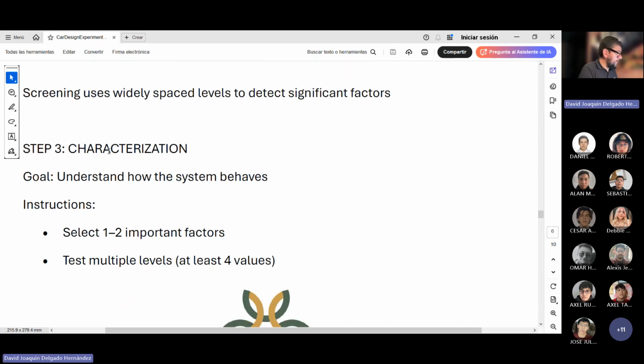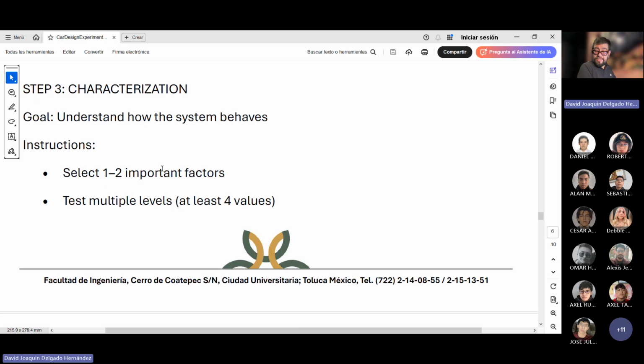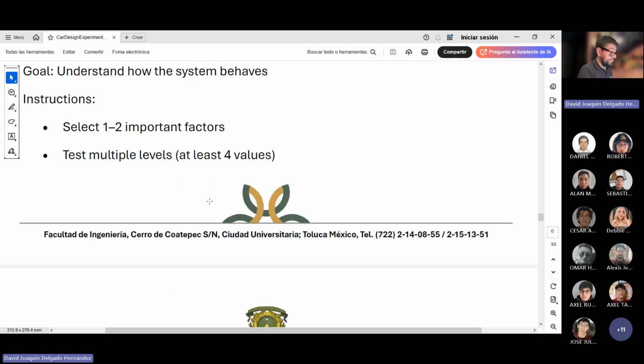Then in the characterization, here the goal is to understand how the system behaves. So here, what I will do is to select 1 or 2 important factors, but now you have to test more levels, not just 2. In the screening, okay, it's just the very first step. But in the characterization, you have to try more different levels, at least 4.